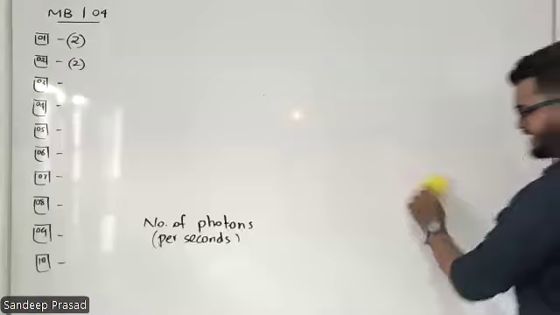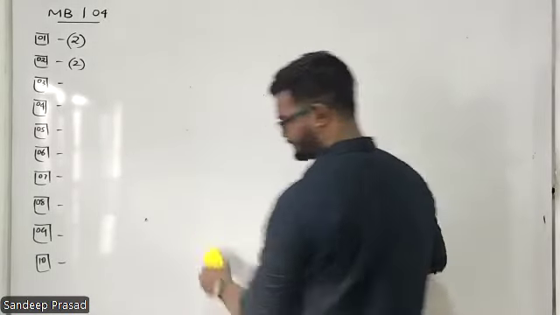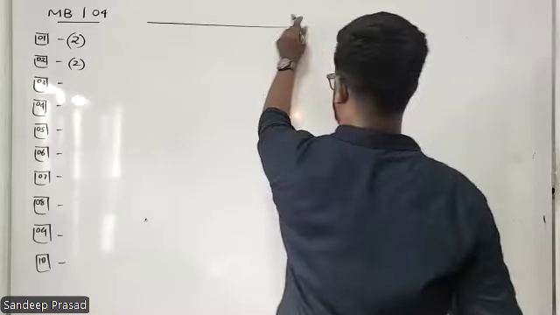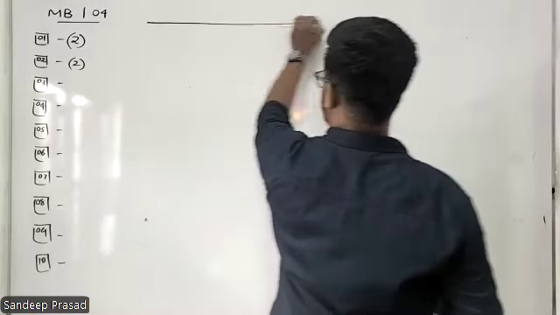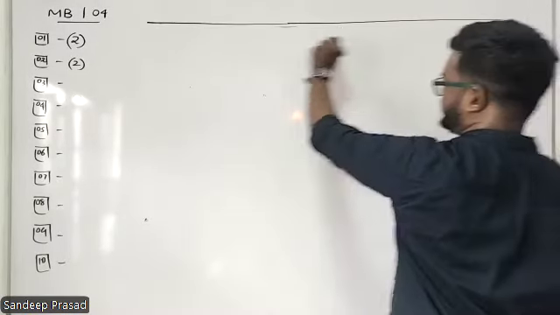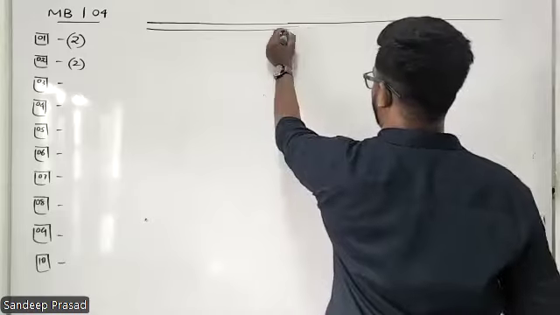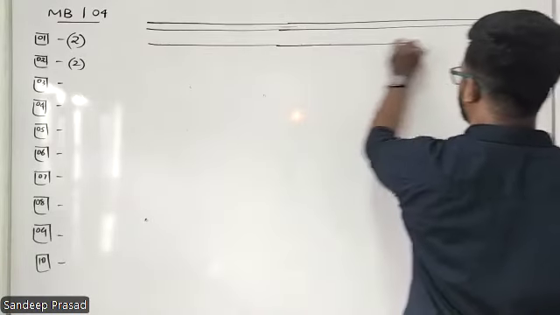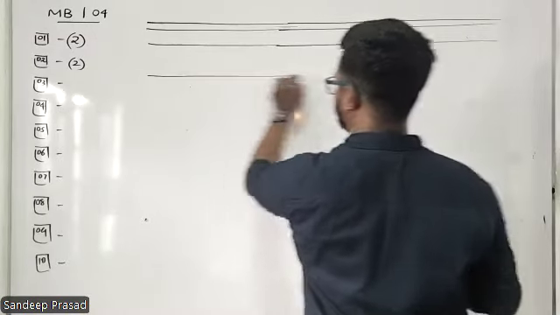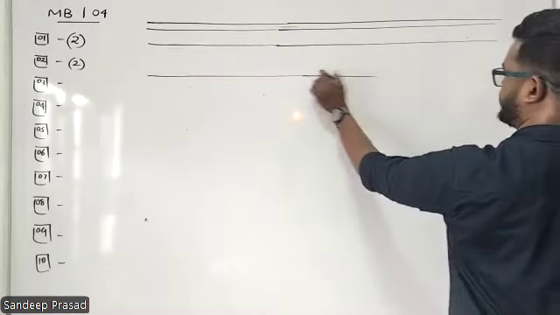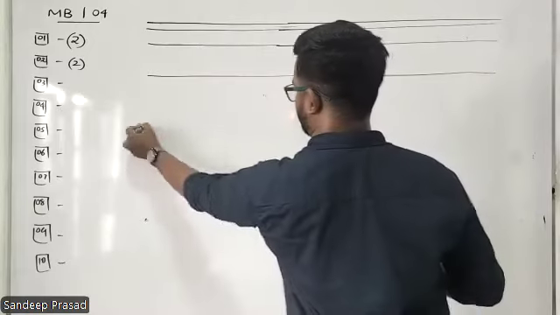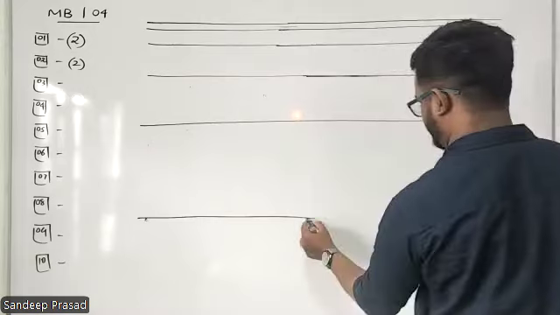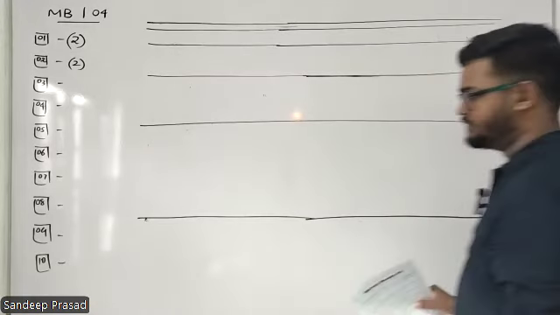Here I'm going to consider the energy level diagram. In the last few weeks, we discussed about the hydrogen emission spectrum, in this way.